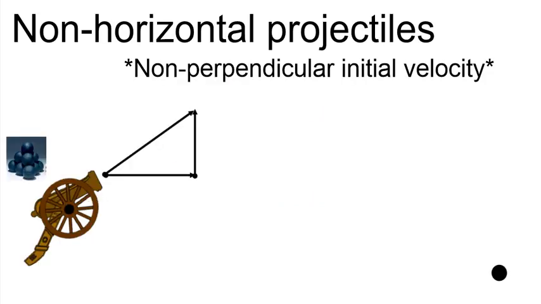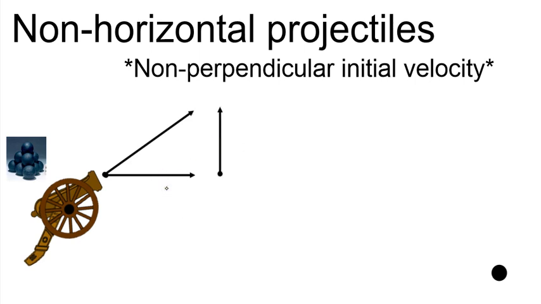So let's talk a little bit more about our conceptual ideas. We have non-horizontal projectiles now. What this means is that our initial velocity is non-perpendicular, shown by this vector, which means in order to do our calculations, we need to split it up into its x and y components. This will be the x, and this will be the y.